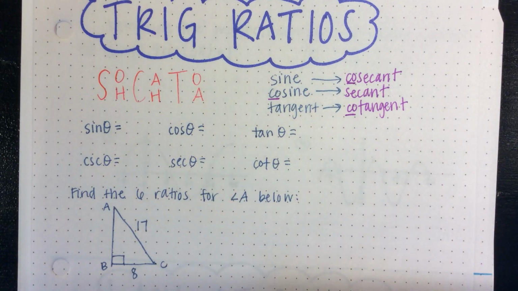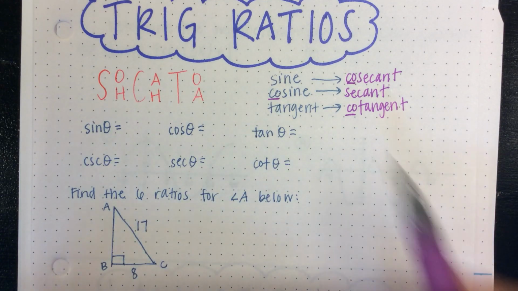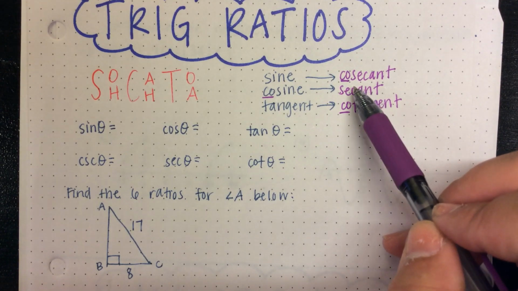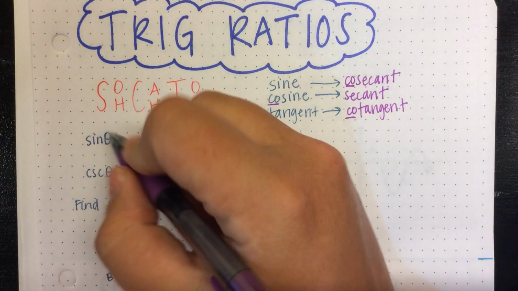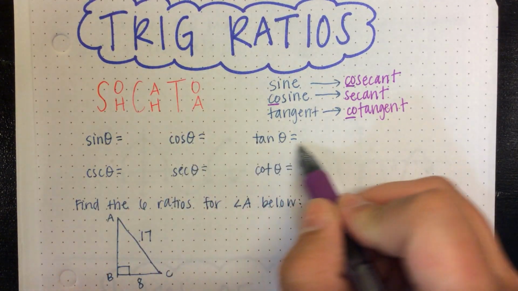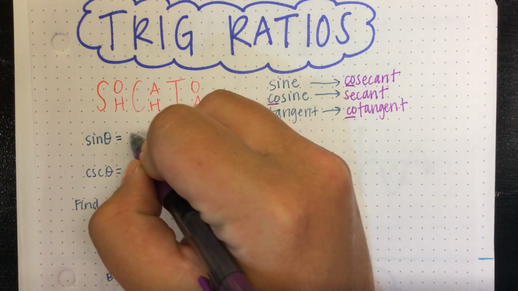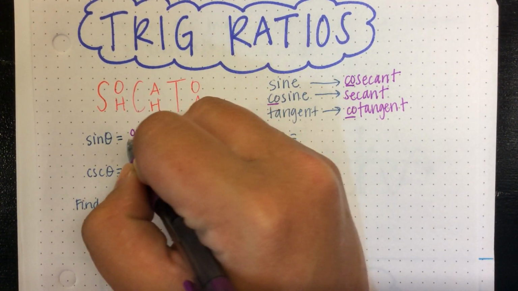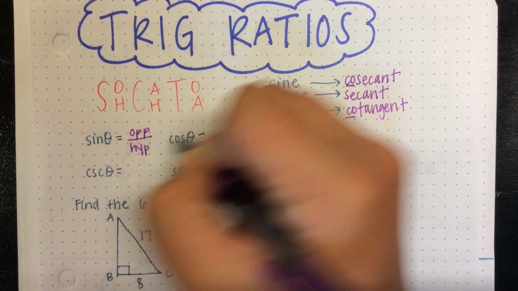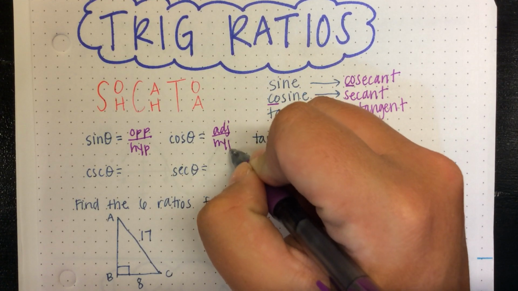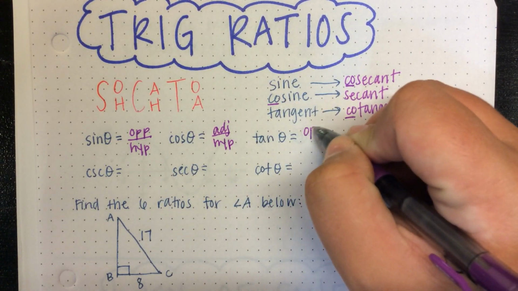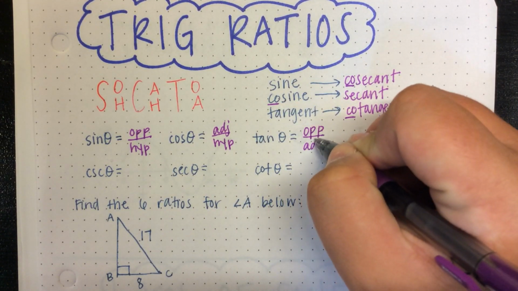All right, now you have to remember what goes with what. To get from sine to cosecant, we flip our fraction, right? So using SOHCAHTOA, we can fill out this top row here. Sine is opposite over hypotenuse. Cosine is adjacent over hypotenuse. Tangent is opposite over adjacent.